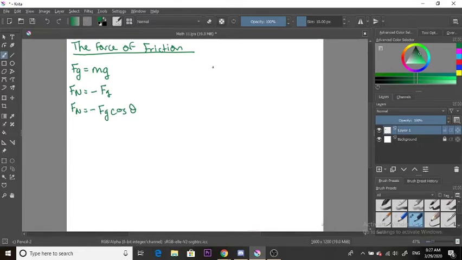So when we talk about friction, friction is the force that opposes motion, and it requires contact between two surfaces.